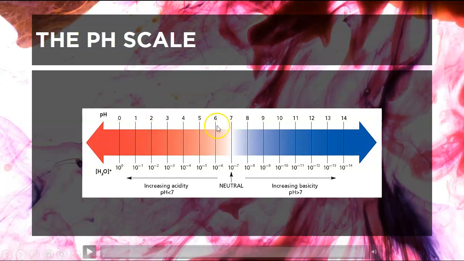But actually, the closer you get to 0, the more acidic something is. You don't want 0. Same with the other way, like basic. A pH of 14 is very basic, so it doesn't mean it's not dangerous. It means it's quite dangerous if it's got a high basicity. But then neutral's right here at 7.